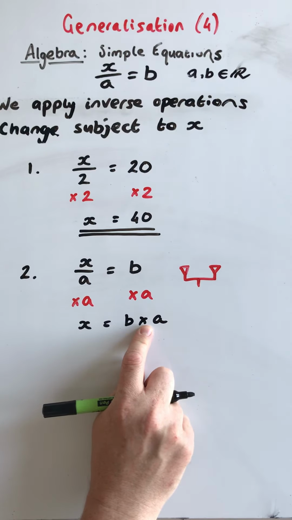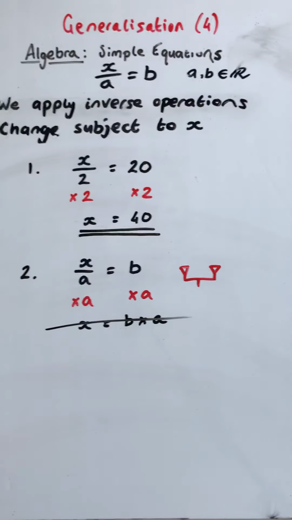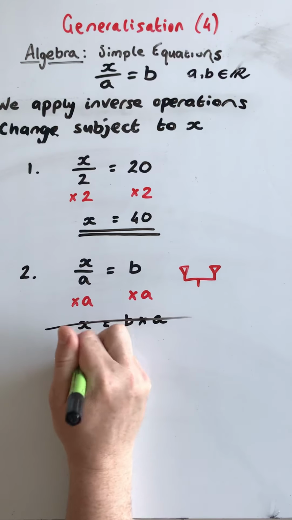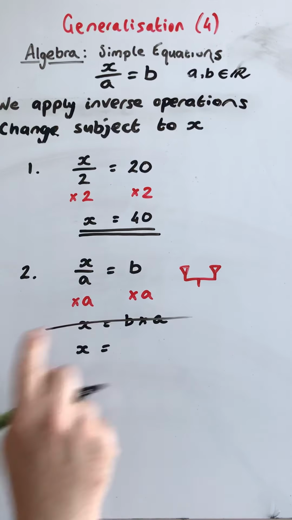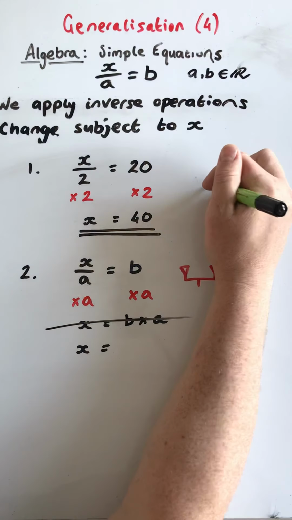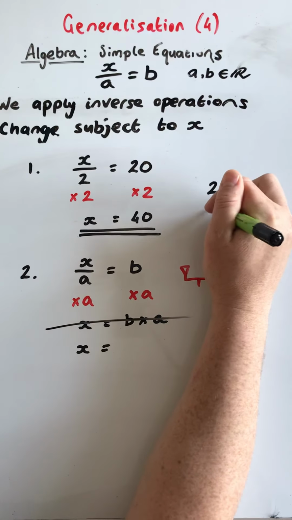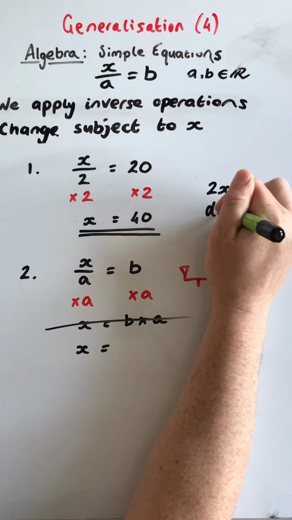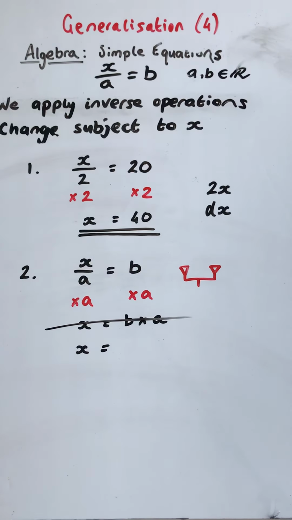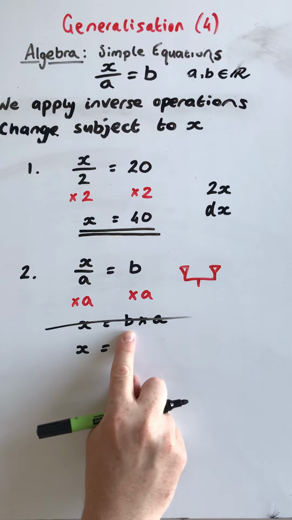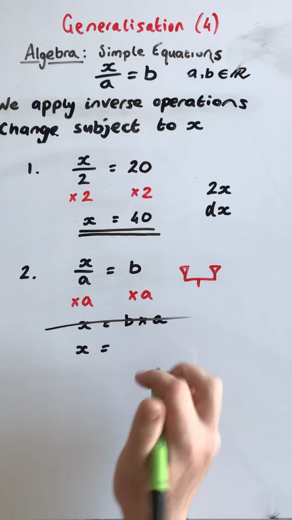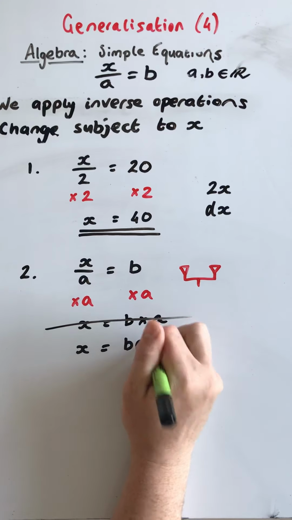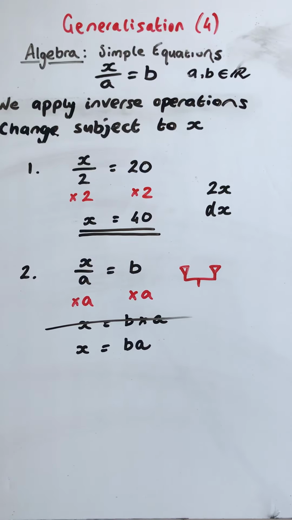So we'll not do that. What can we do? We can do it in the same way as if you were writing 2x or any dx, and this is what we'll do here. So b multiplying a.